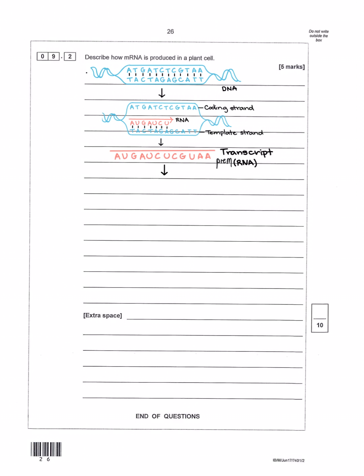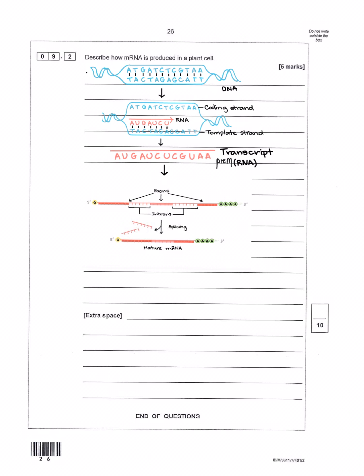Introns are non-coding sections of DNA. So before this mRNA can leave the nucleus and begin translation, we have to remove the introns through a process called splicing. Once splicing has occurred, we have mRNA or messenger RNA, which then leaves the nucleus via a nuclear pore. And that is the end of transcription.